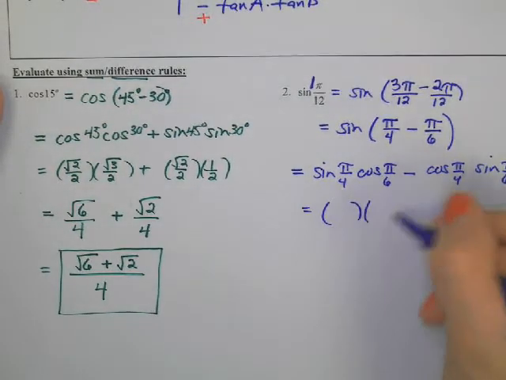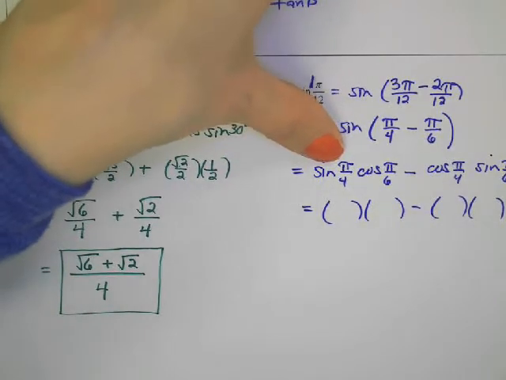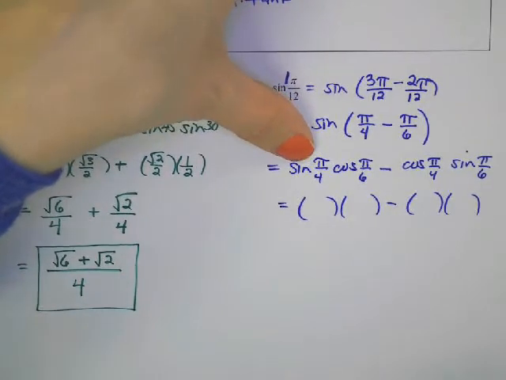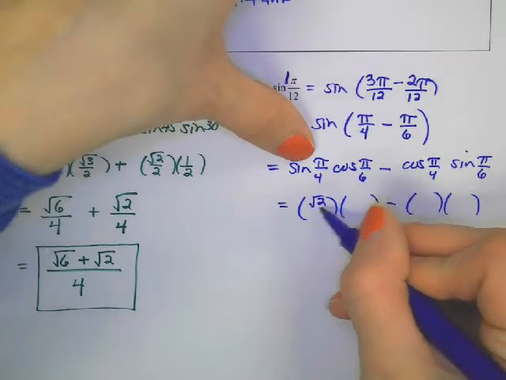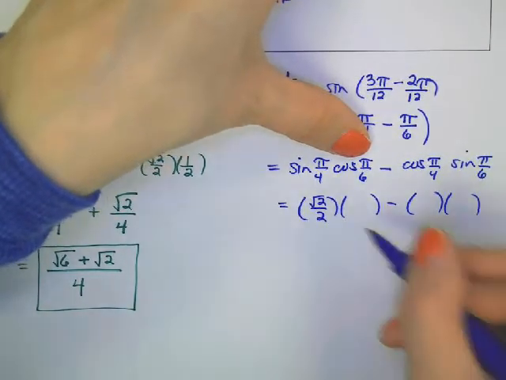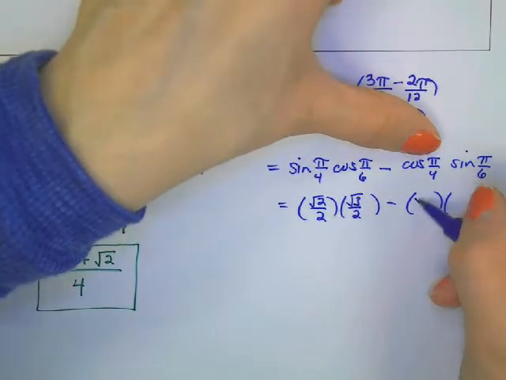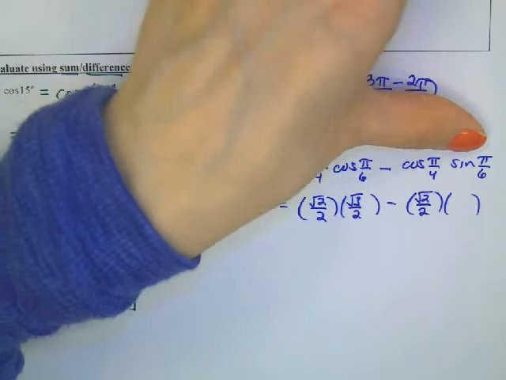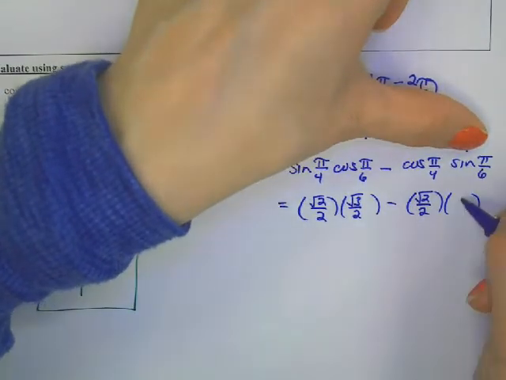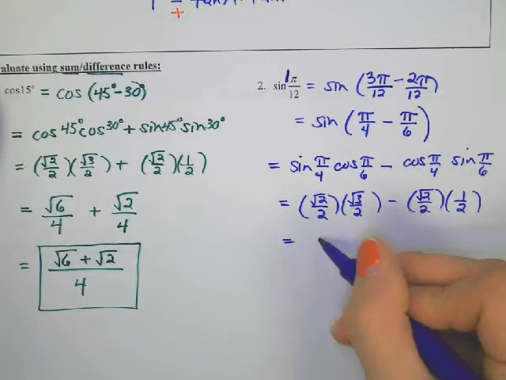Okay, unit circle time. Time to tell me some answers. Sine of pi over 4 is radical 2 over 2. Cosine for pi over 6 is radical 3 over 2. Cosine pi over 4, also radical 2 over 2. Sine pi over 6 is 1/2. Okay, it's multiply time.